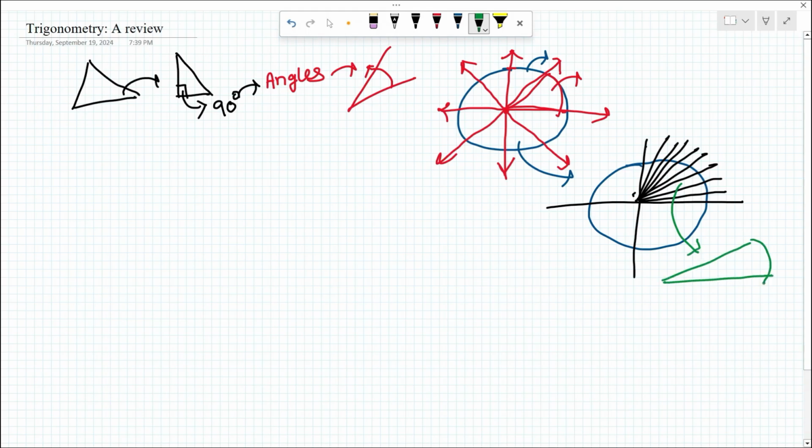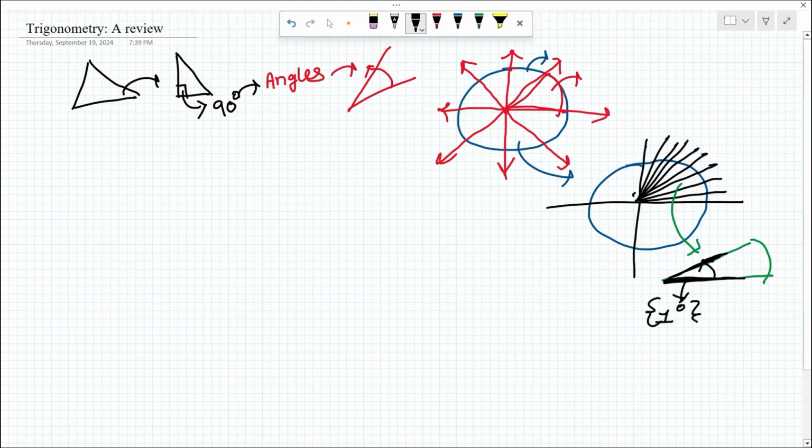If I chop this circle into 360 equal parts, then the amount by which I would have to rotate, if I'm on this arm, in order to reach this arm, is termed as 1 degree.